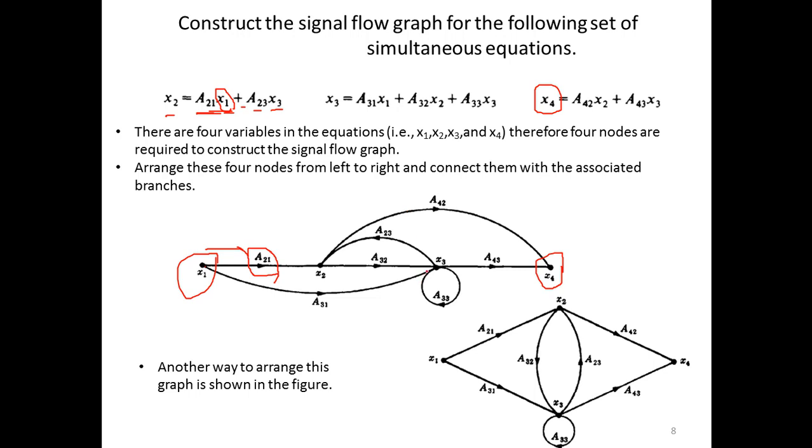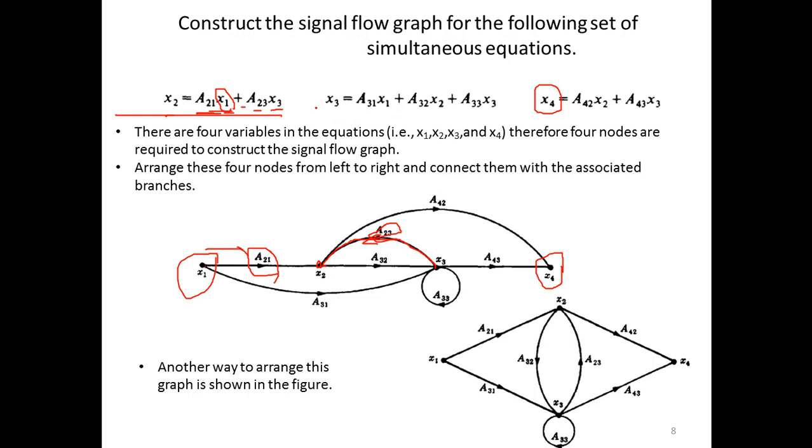So you have to find a path from x3 to x2 with the name of a23. So you have done this as well. This is your a23. So this is your x2.